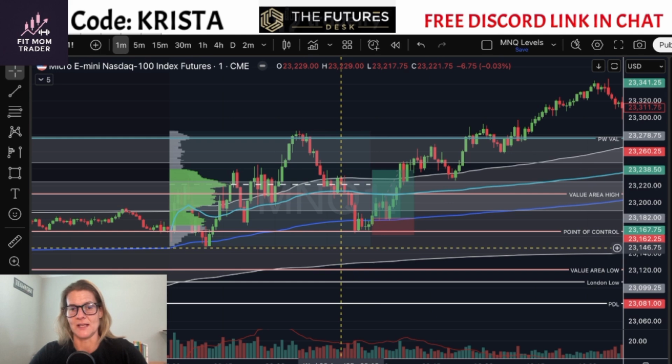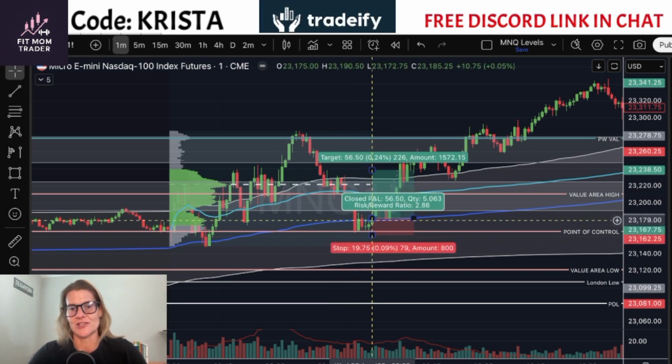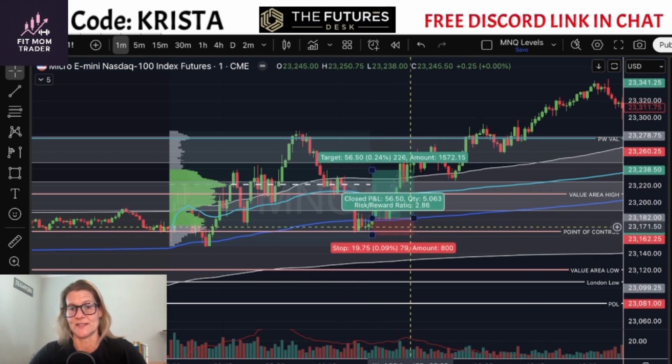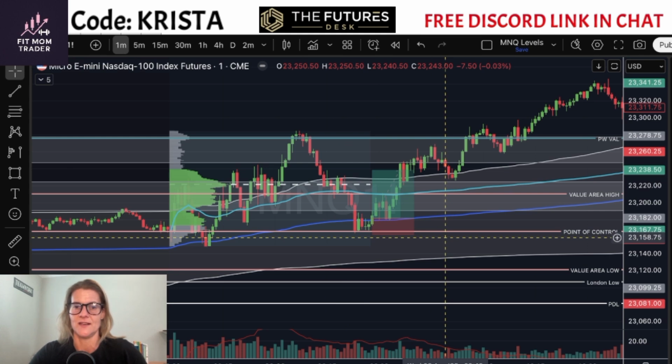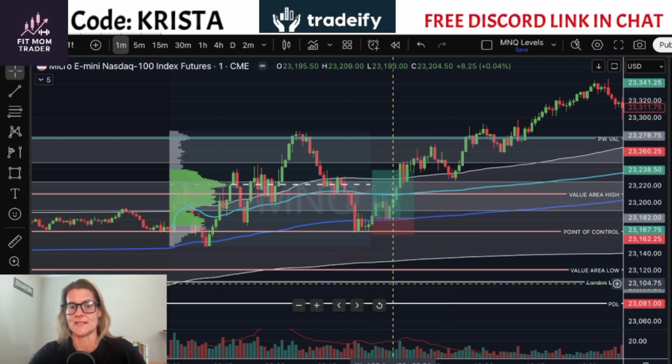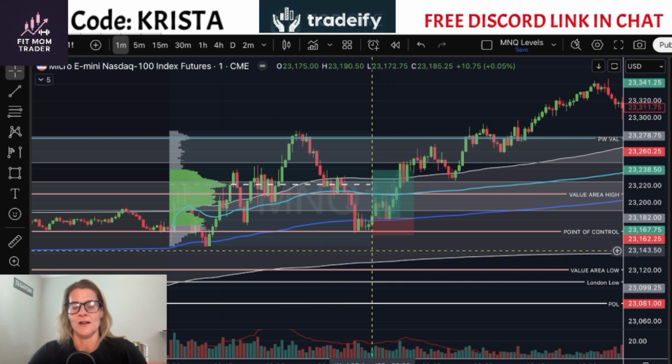After 4 minutes, staying fairly patient, obviously you could have waited a little bit longer, I entered here and put my stop loss right below that level right there. So I didn't have much risk. It was only about 20 points of risk because if it dropped below point of control, I was thinking that it was going to go lower.